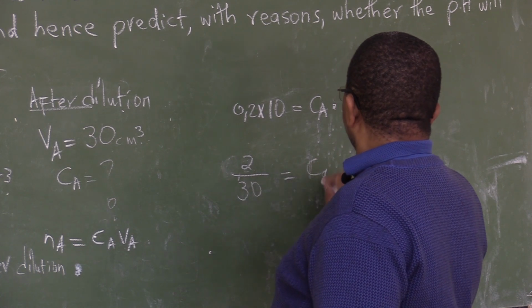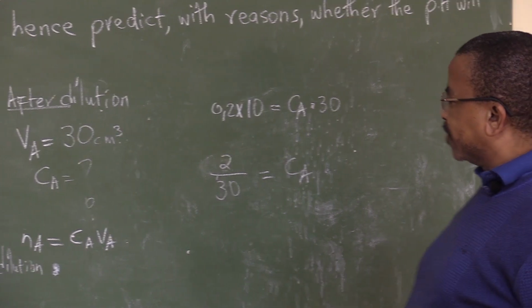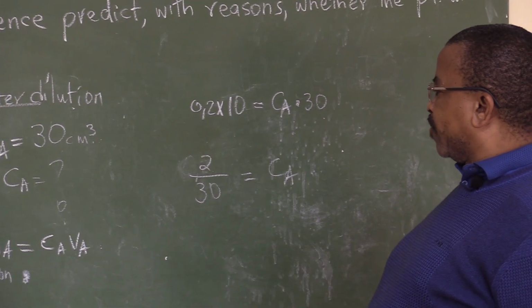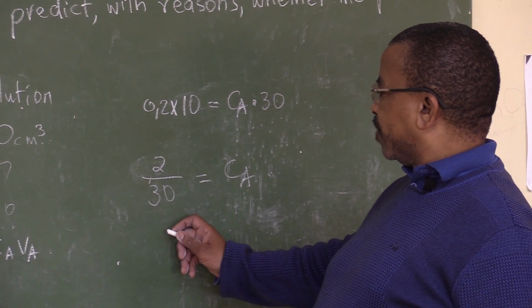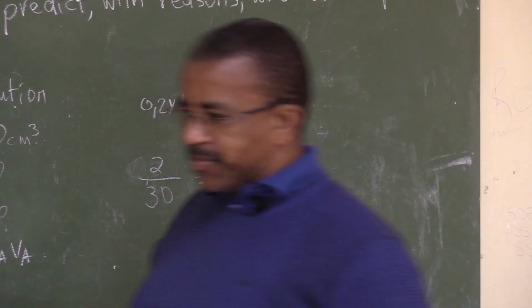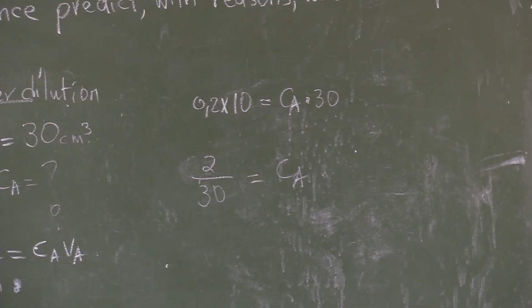That is the concentration of A, of sodium hydroxide. So 2 divided by 30, then I get 0,0667.